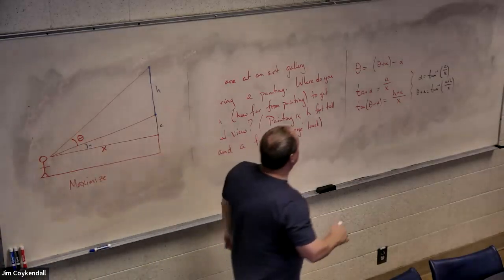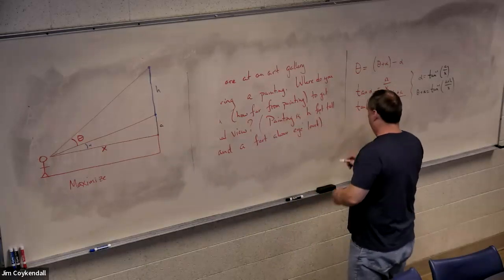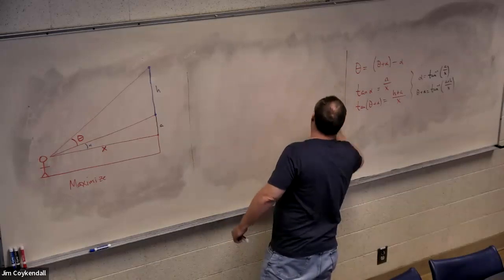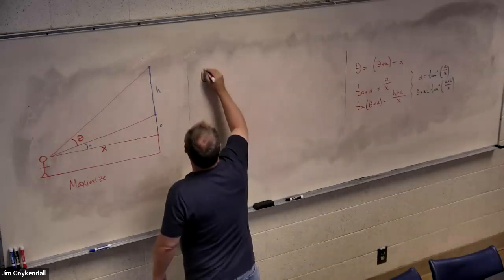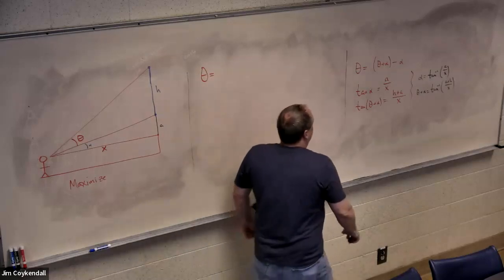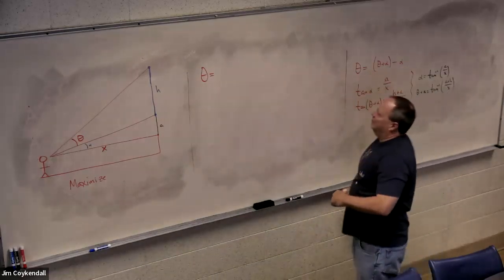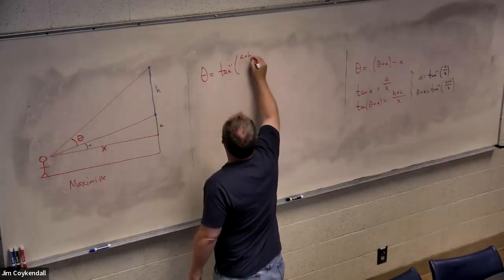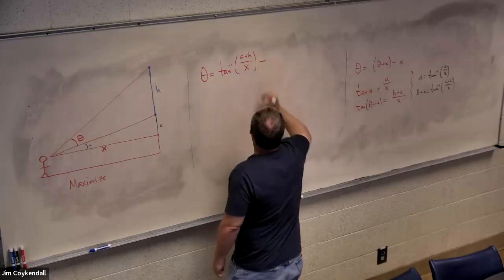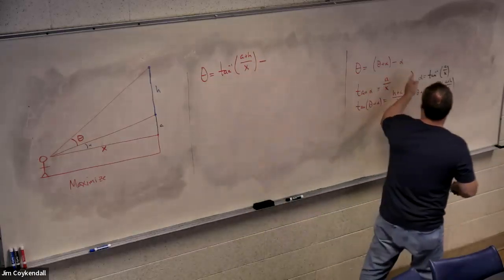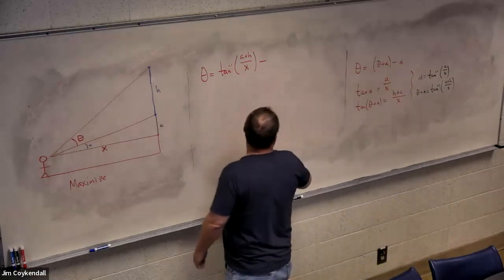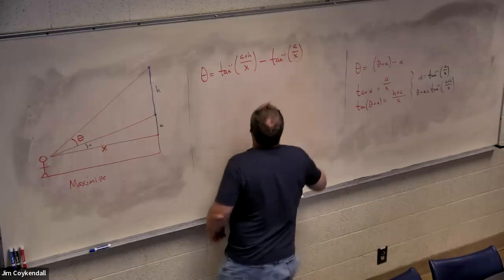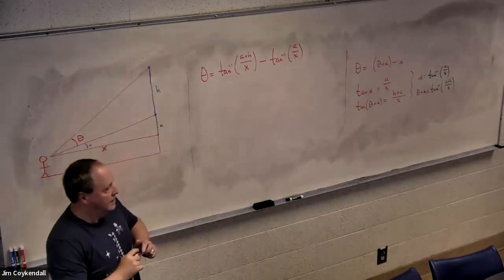And I'm going to go back to this equation because now what I have is theta, this thing is inverse tangent of A plus H over X. And then we've got to subtract off alpha, which is the inverse tangent of A over X. There we go.